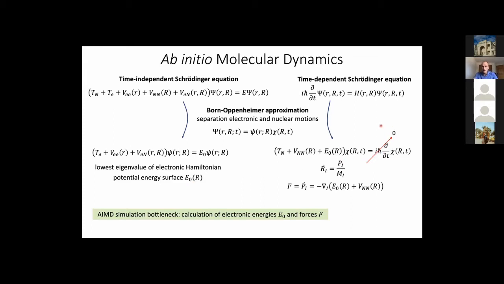When we solve for nuclei in this particular way of ab initio molecular dynamics, we assume that nuclei move classically, so the Planck constant is 0, and we end up with simple classical equations for the propagation of the nuclei. To run these simulations, what we basically need from the electronic Hamiltonian is the energies and the forces.